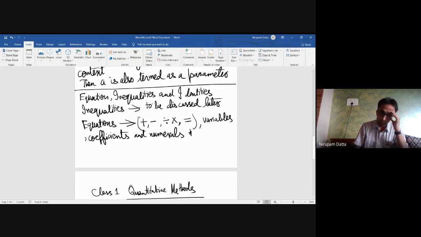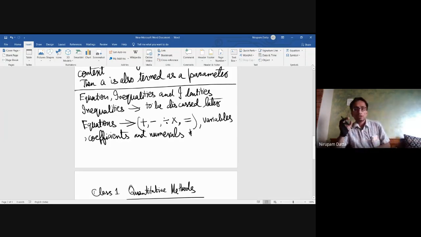So when you construct an equation, you use these signs, along with symbols which represent variables, coefficients, and numerals to establish relationships between different economic variables of interest.